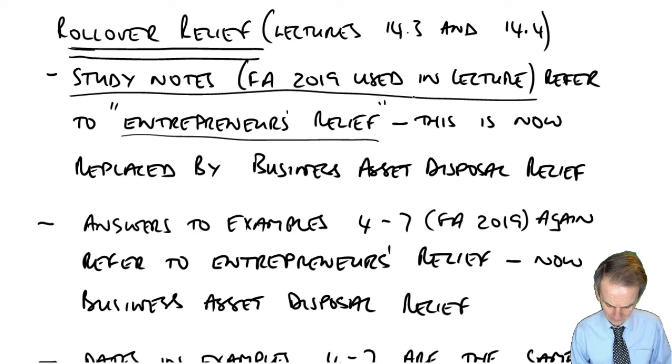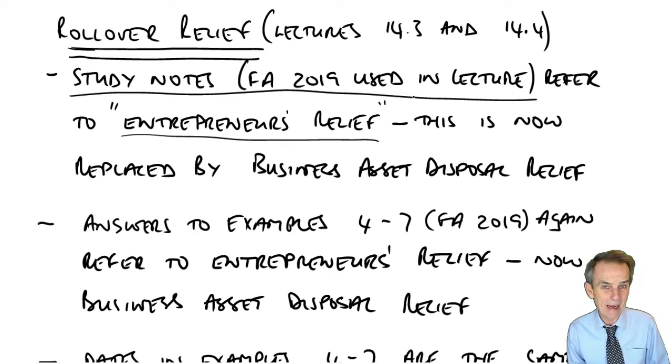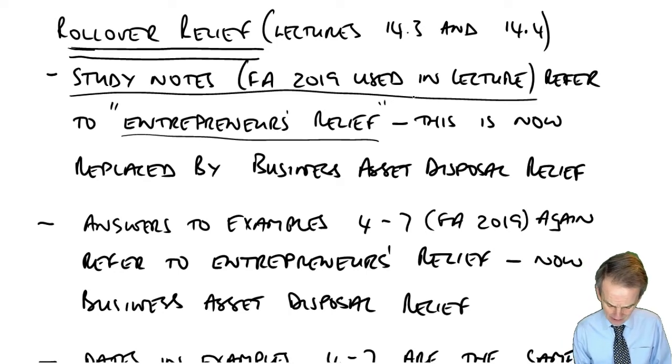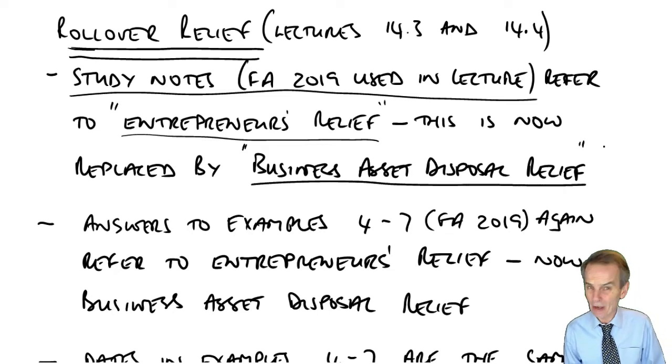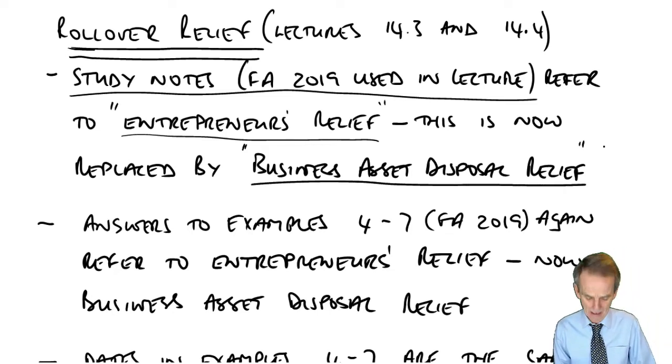Although there's been one basic change in the application of this relief, it is now known as business asset disposal relief, which after the last two lectures, I'd hope you'd be very much aware of.